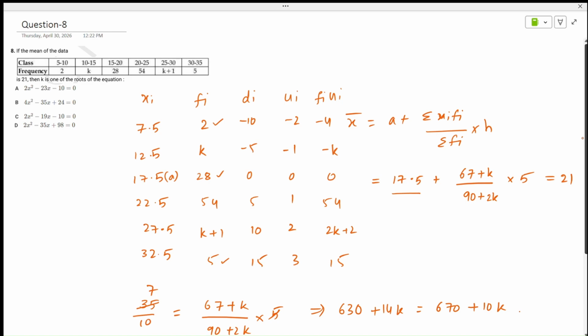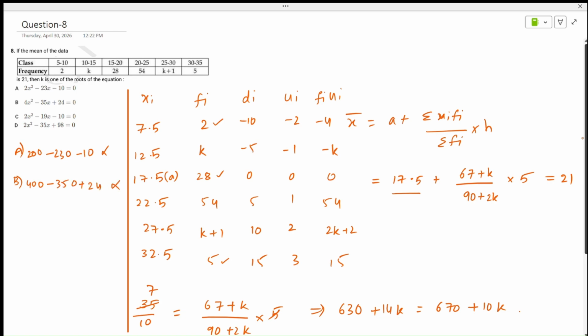So let us try the first equation, option A. If we substitute 10 here, we'll get 200 minus 230 minus 10, which will not satisfy equation 1. And option B, 400 minus 350 plus 25.